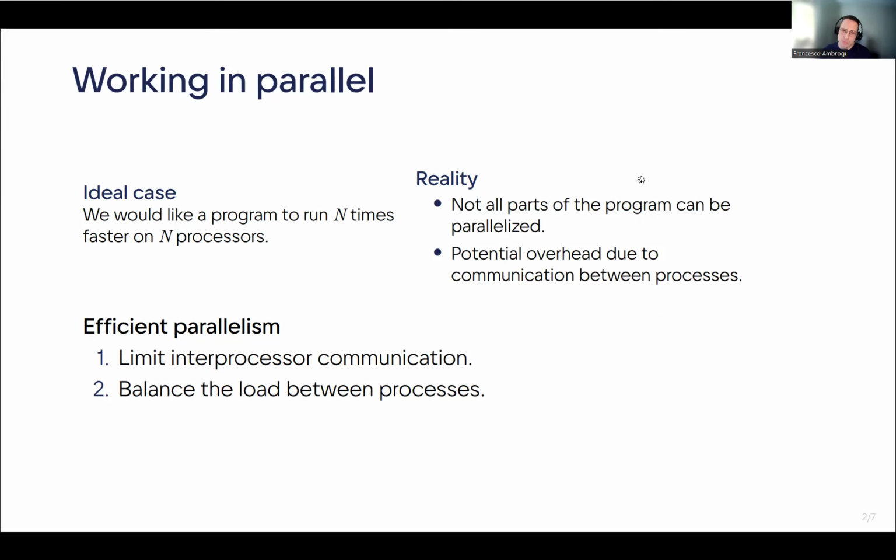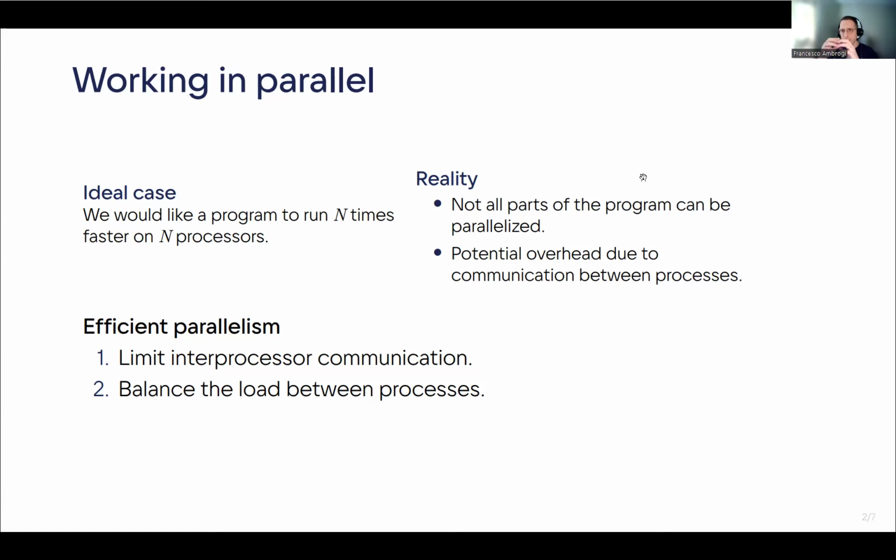And there will be potential overhead due to communication between processes. Keep in mind that the more processes or CPUs you have, the longer time they're going to spend communicating with each other and exchanging data. That's time that they spend not computing, but communicating.